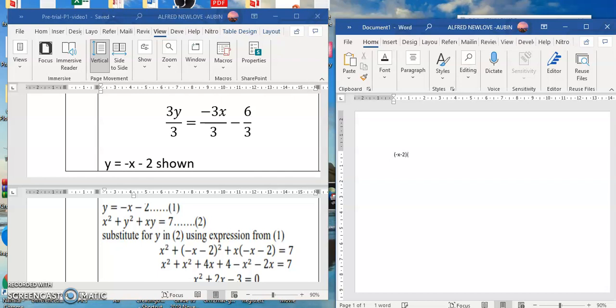It means it's minus x minus 2 times minus x minus 2. So how are we going to expand? Let me make it a little bit bigger for you to see it well.